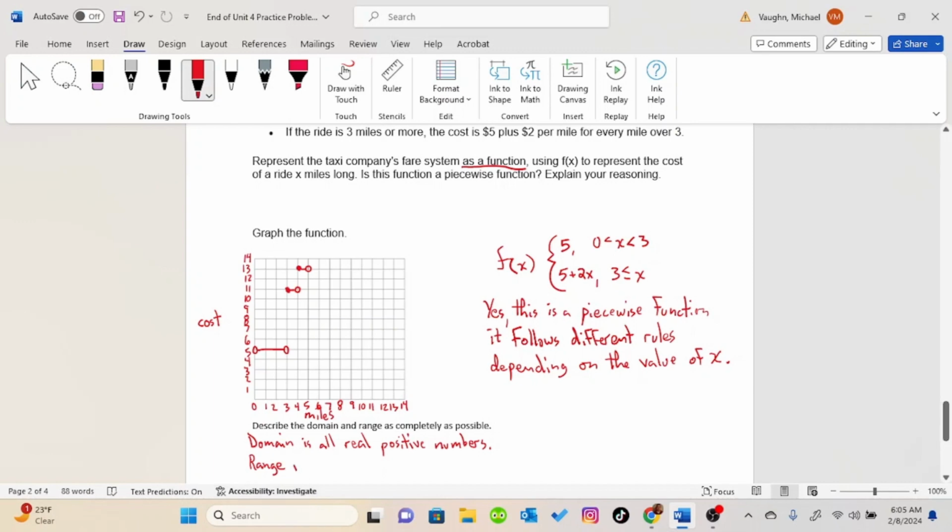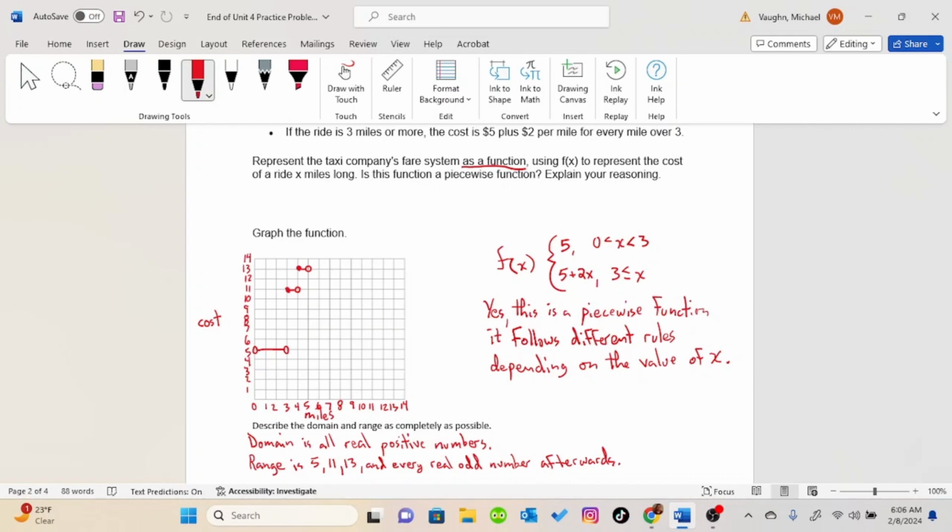So the range is 5, 11, 13, and every odd number afterwards.